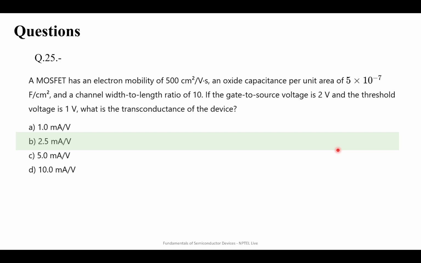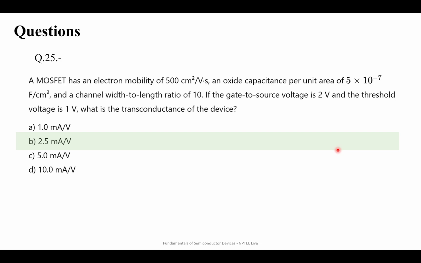So we have 2500 into 10 to the power minus 7 into 10, so 25000 into 10 to the minus 7, which is 2.5 milliampere per volt.